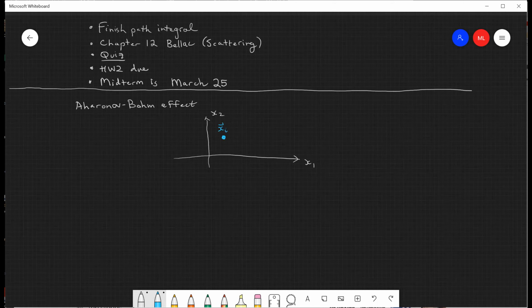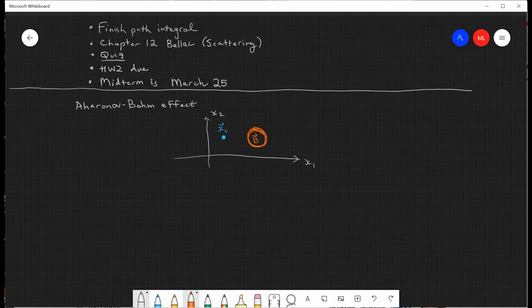And you just define some plane and the electron sits in it. And you imagine in this area you have a magnetic field pointing in the outward direction. And suppose this magnetic field is just completely isolated from everything. It's just a magnetic field confined to this area, this orange area.